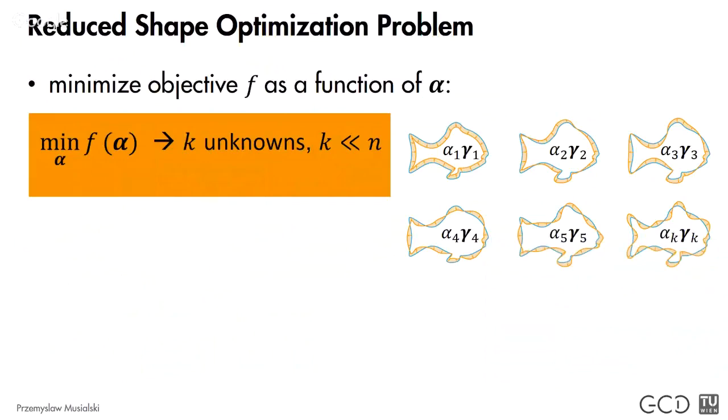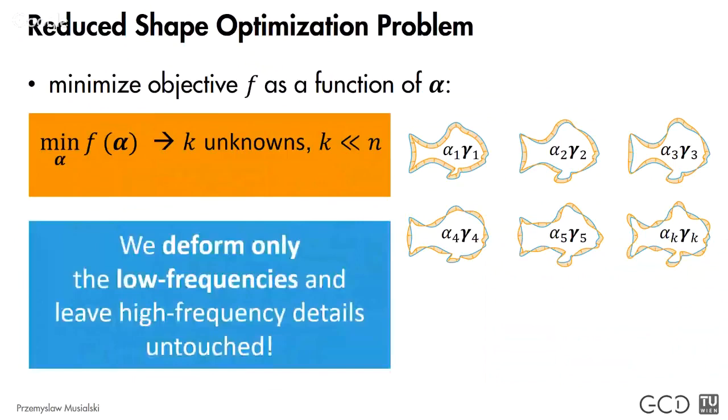But using these coefficients alpha as unknowns has also turned out to have a number of additional benefits. First of all, since we are taking only the low frequency components, we only displace and deform the low frequencies of the shape. So we don't change fine details on the shape.